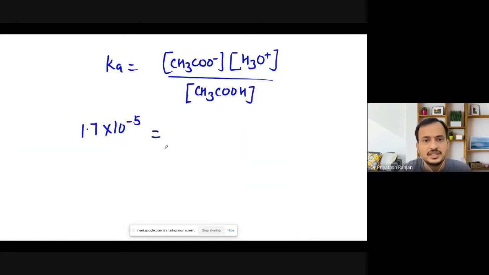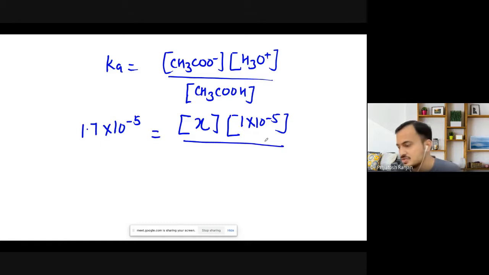So if we focus here, for CH3COO minus I can keep the value as X as discussed in the previous equation. H3O plus from the question we can figure out, and it's 1 into 10 raised to the power minus 5.